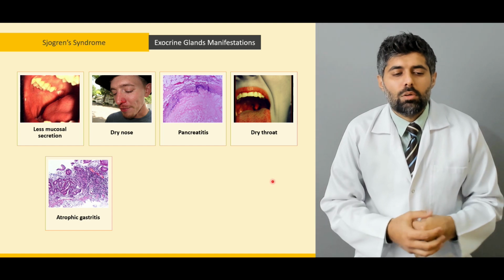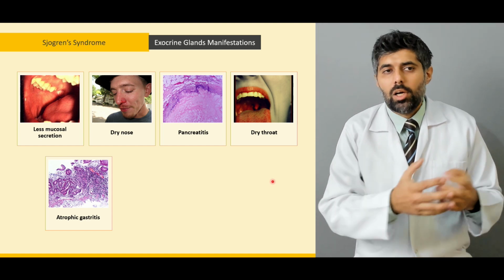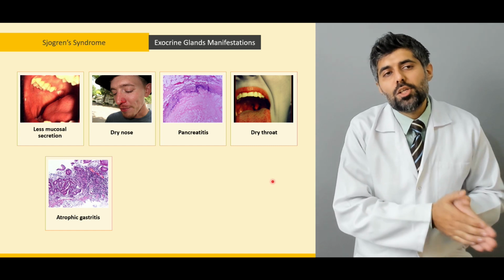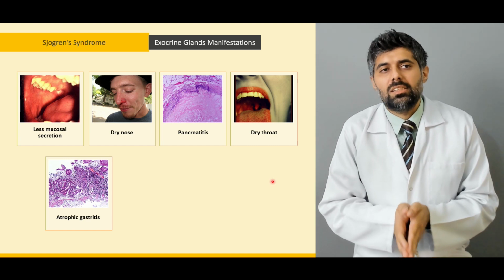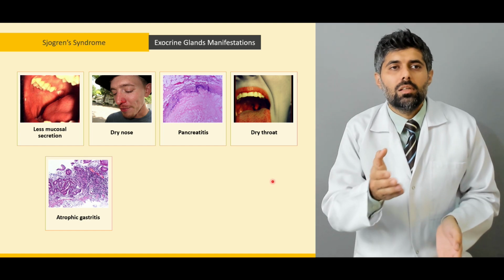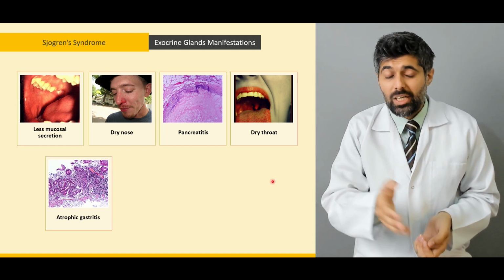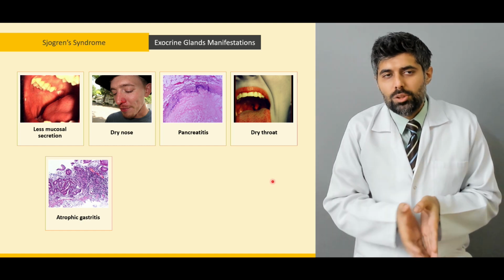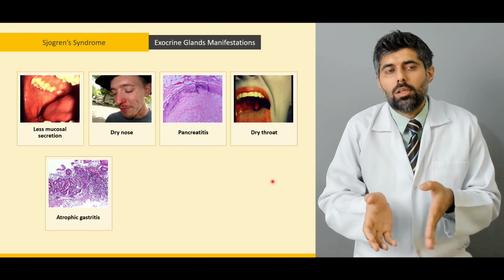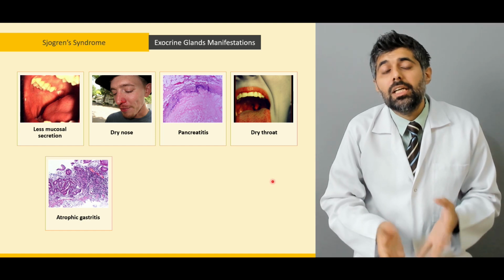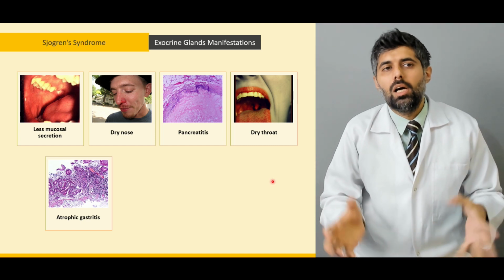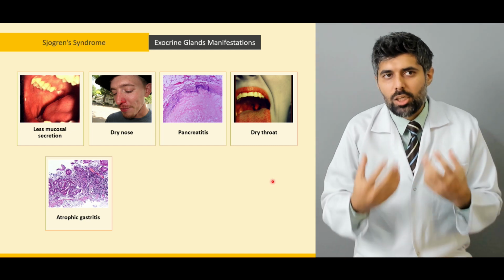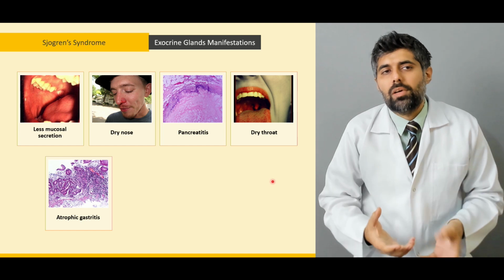Then we have atrophic gastritis. Now, atrophic gastritis is again because of the obliteration of the exocrine glands inside the lining of the stomach. Because those glands are destroyed, the normal mucosal membrane of the stomach, because of the acidity, is totally obliterated, and because it is totally destroyed, the stomach lining starts to have an atrophic effect.